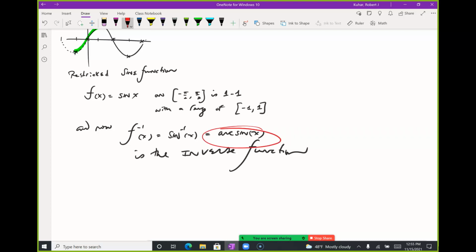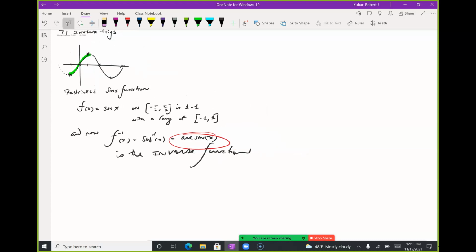Now I want to notice where my restricted sine is and which quadrants it's happening in, right? And so you could see that it is in quadrant 1 and 4. My restrictions are in quadrant 1 and 4. So I really want to be thinking about my bow ties to happen either in quadrant 1 or quadrant 4. I want to be thinking only about quadrant 1 or quadrant 4 when I'm dealing with arcsine.